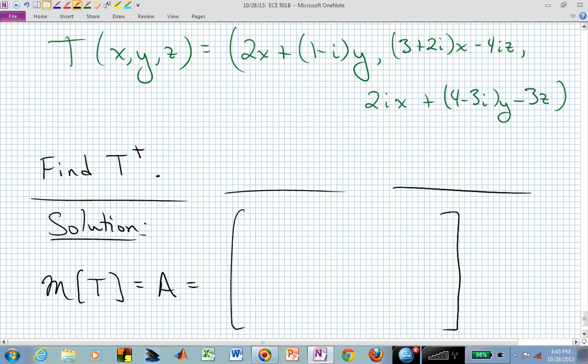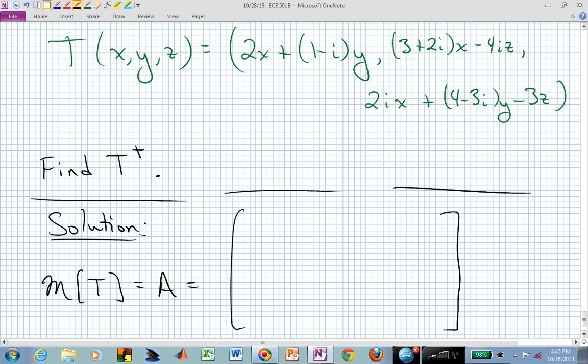Hopefully it's clear that A has to be 3 by 3. We're taking a 3-vector x, y, z into another vector, let's say x1, y1, z1, but x1 is now this 2x plus (1 minus i)y, and what needs to be in this 3 by 3 matrix to make that happen in the first coordinate of the result?